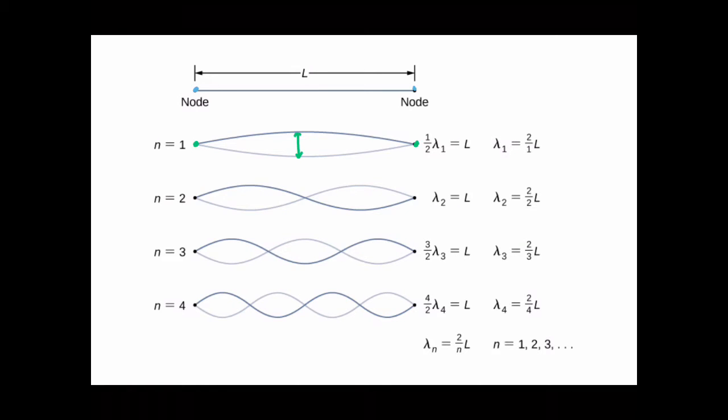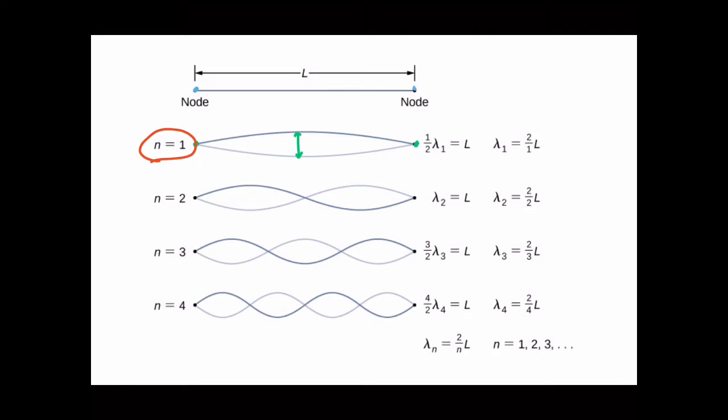For the standing wave on a string, since the two ends of the string are fixed, these must be nodes. There are an infinite number of standing wave patterns that are possible, and these are characterized by the harmonic number, which is called n. Generally, we consider the first harmonic the fundamental, and that is n equals 1.